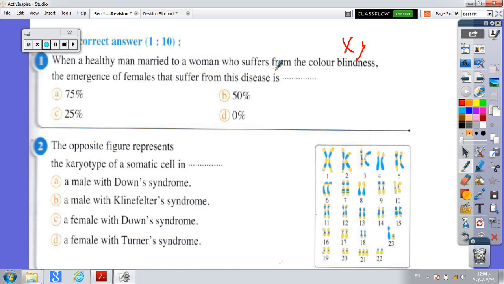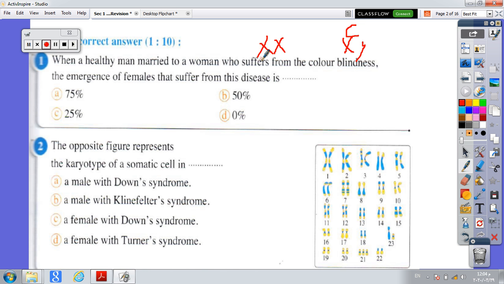While the woman who suffers from color blindness is X. But the man is healthy, so he doesn't suffer from any blindness. So he carries the dominant gene.